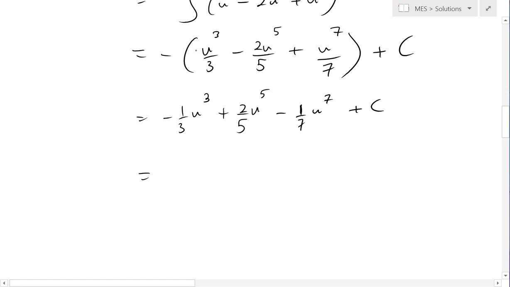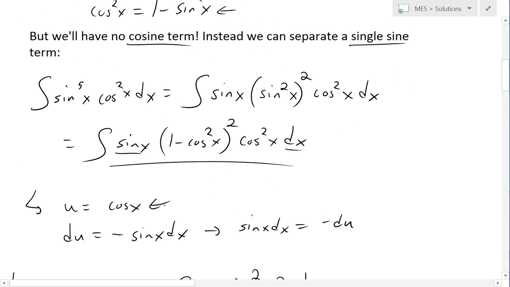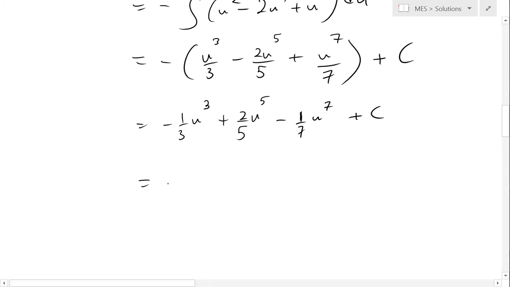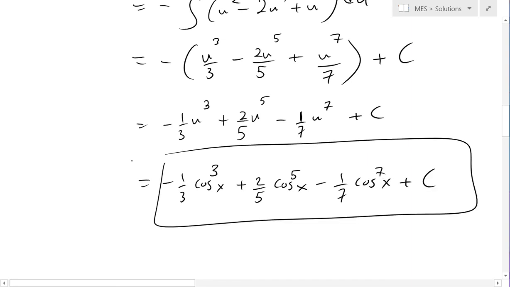Now we add back our cos of x, since u is cos x. So we get negative 1 over 3 cos cubed of x plus 2 over 5 cos to the power of 5 of x minus 1 over 7 cos to the 7 of x plus c. And now there is our answer.